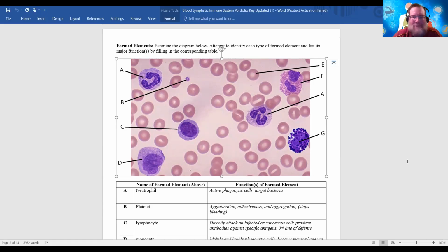So I'm just curious, if I got 2 RhoGAM shots and then a third one after I had my second child, then why did he have Coombs if the RhoGAM is supposed to prevent it?